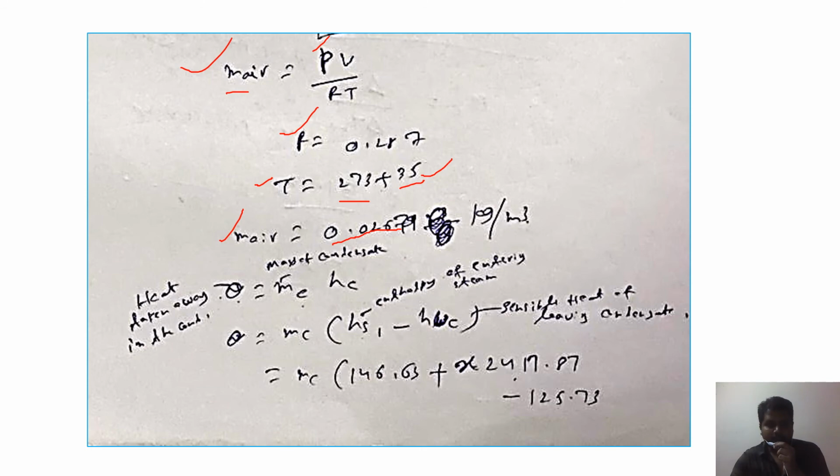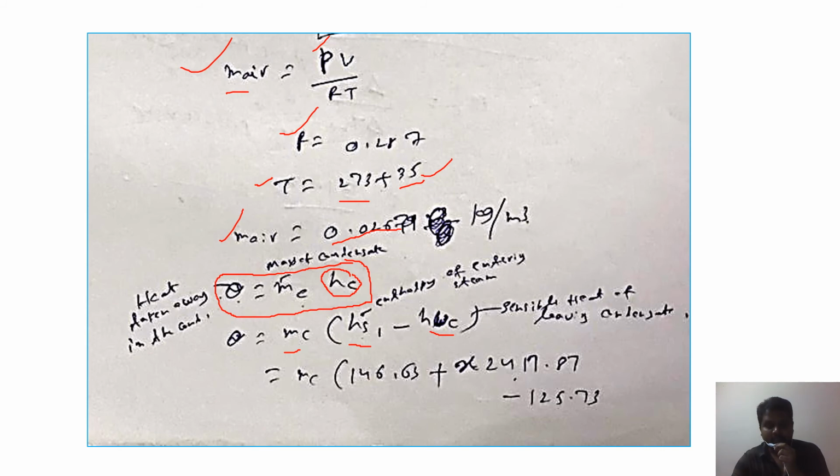Now we can find the heat taken away in the condenser. That is Q equals mc into Hc. This we already discussed. But here, for the mass of condensate, the condition of enthalpy of condensate we don't know. So we can write it as the enthalpy of steam which is entering into the shell minus the sensible heat of the leaving condensate.